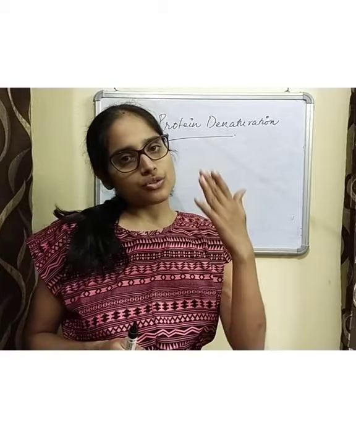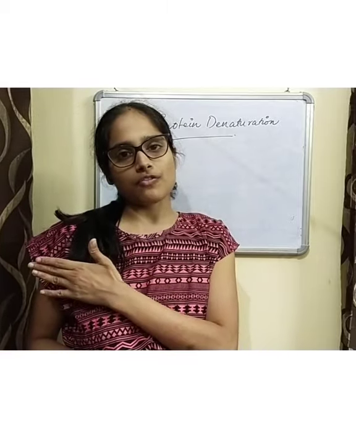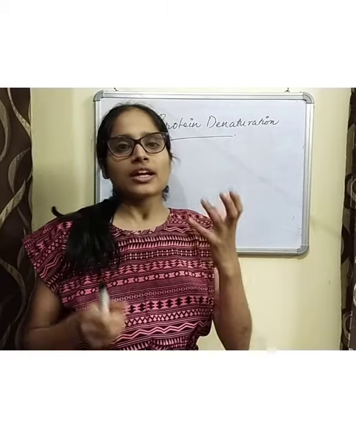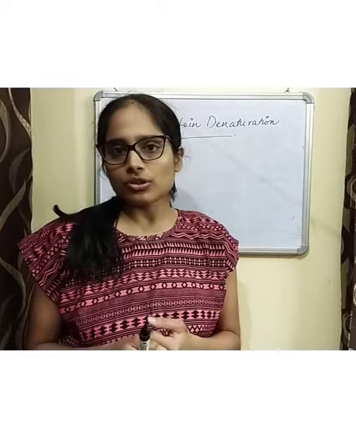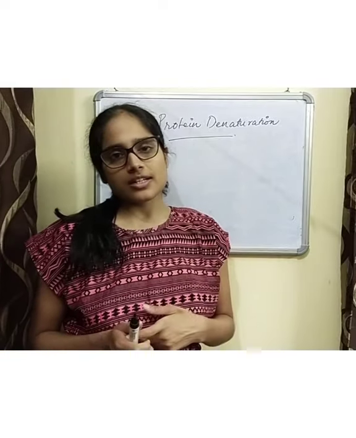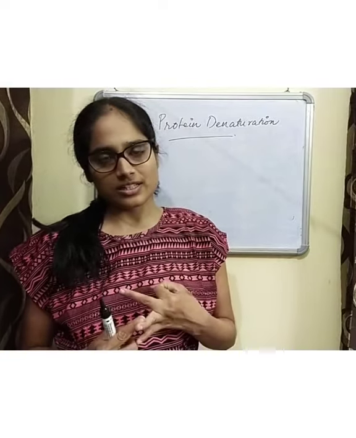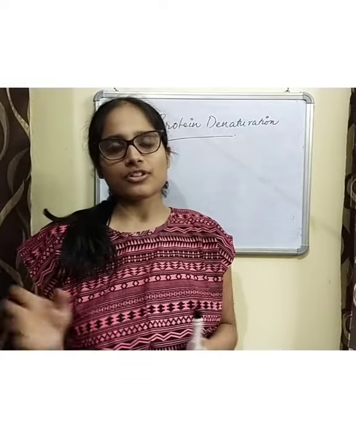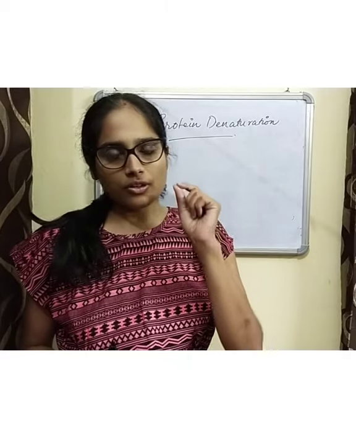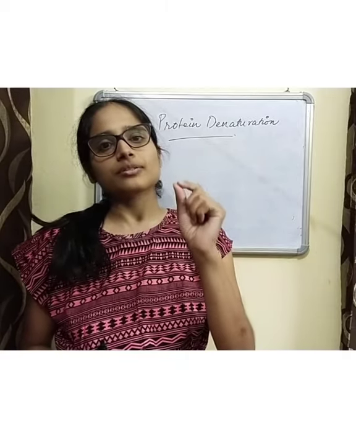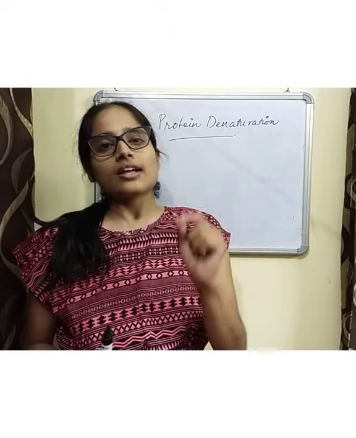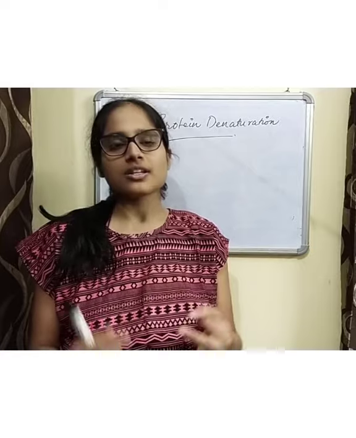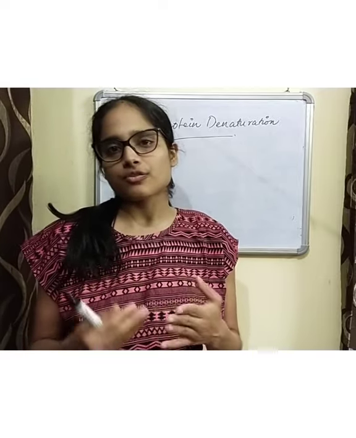And to attain that 3-dimensional conformation, there are various factors or various types of interactions which play a pivotal role. So various interactions include covalent and non-covalent interactions. We've already discussed each type of interaction in detail. So covalent interactions include disulfide bridges, and non-covalent interactions include hydrogen bonds, ionic bonds, van der Waals forces and hydrophobic interactions.